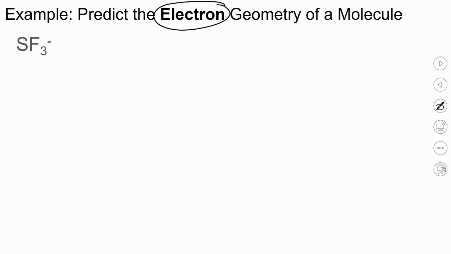Hey, just be careful. Make sure you draw it out. Make sure you have the right number of electrons. We might have to put extra on sulfur. But they're negative.